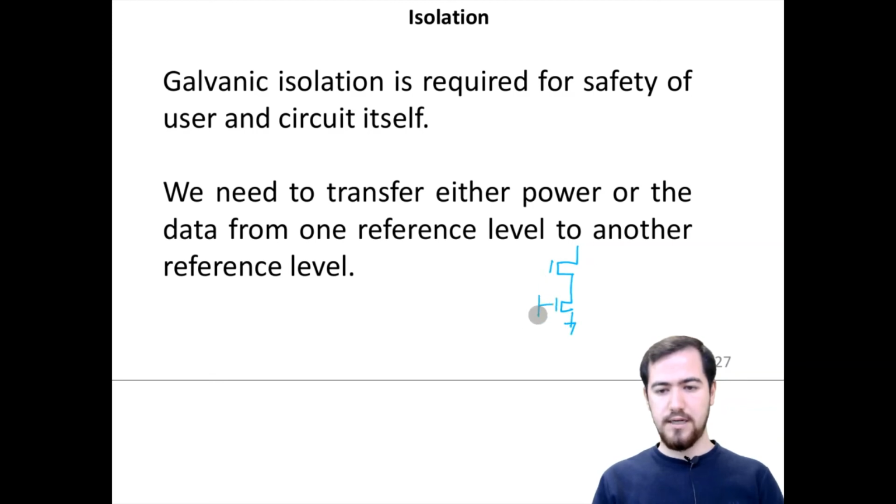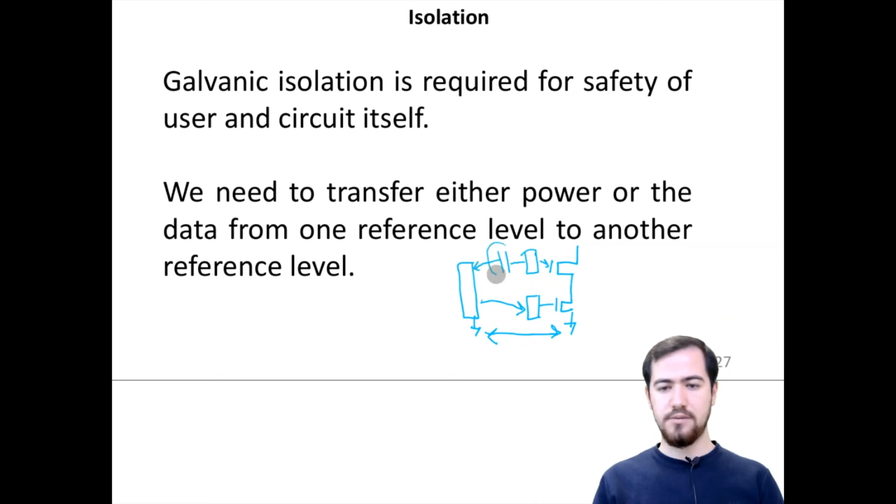So this is our gate driver IC for the low side, and this is our microcontroller unit, which is actually connected with the same ground of the power supply. So this can be connected directly to the low side switch. However, the gate driver IC of the high side switch has to be isolated from the microcontroller.